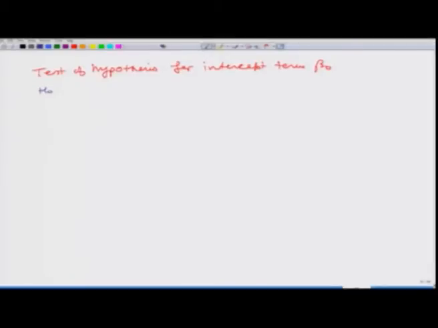For the sake of understanding, I will quickly give you the results. We are interested in testing the null hypothesis for the intercept term, beta 0 equal to beta naught naught, where beta naught naught is some given value, right. We had considered the model beta 0 plus beta 1 xi plus epsilon i, and we had observed n sets of data.